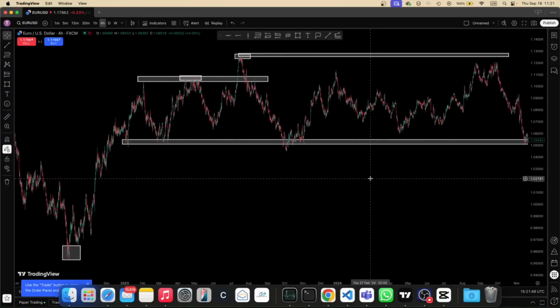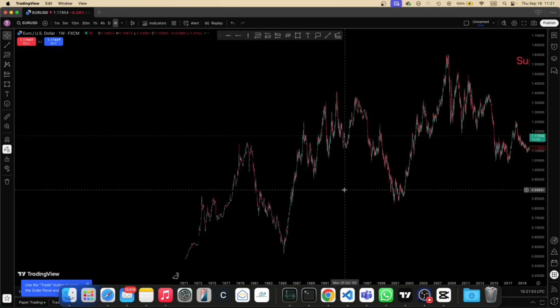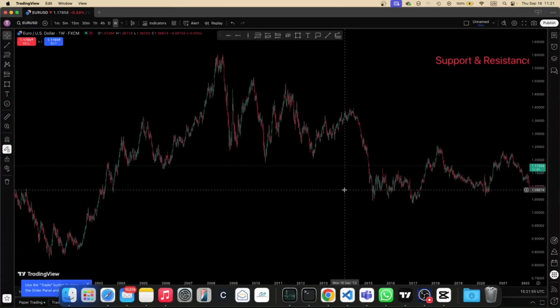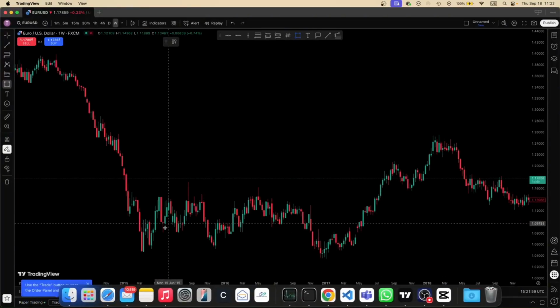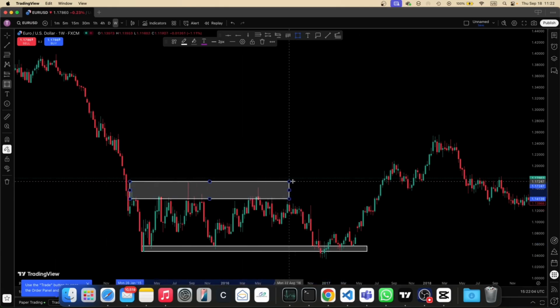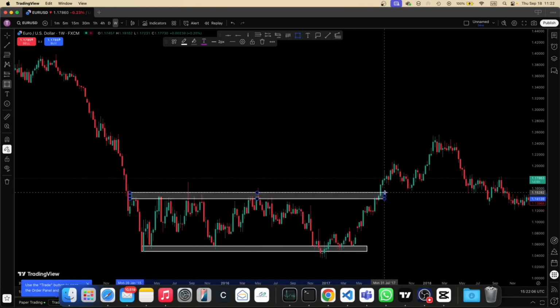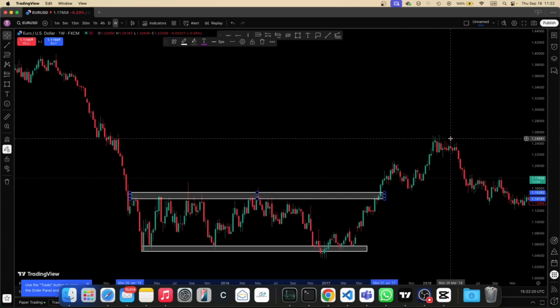Let's look at another example. Let's look at the weekly chart, it's easier to see. This one. This is the support and this is the resistance. First time buyers brought it up, buyers defended, and then this one broke out and really rallied.